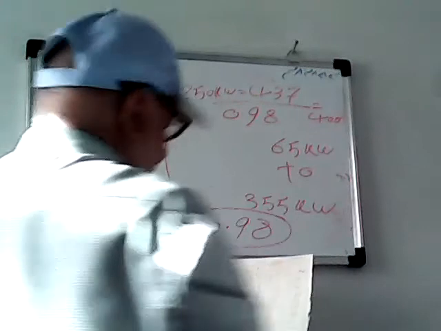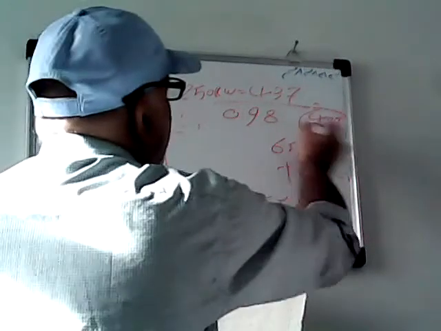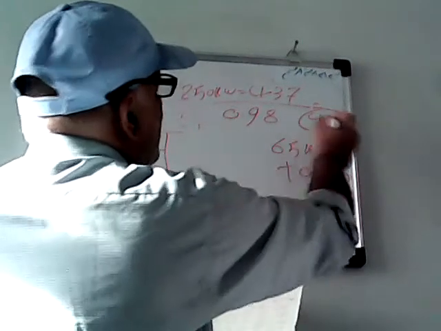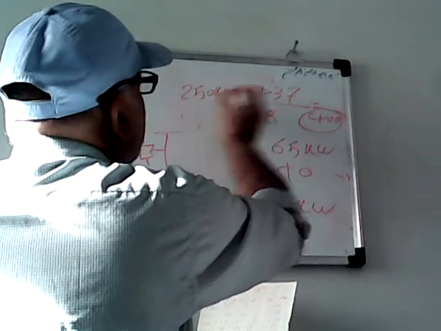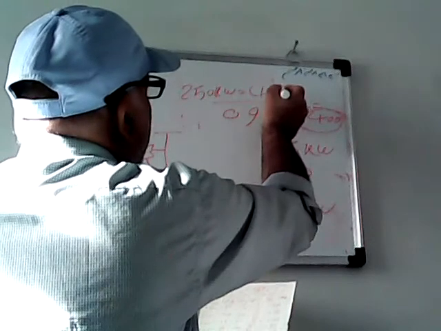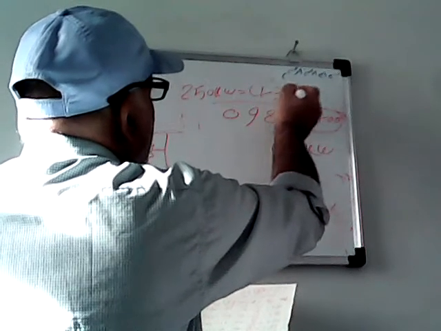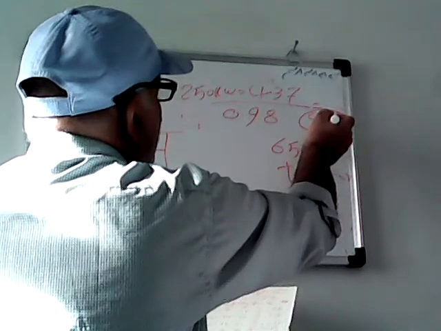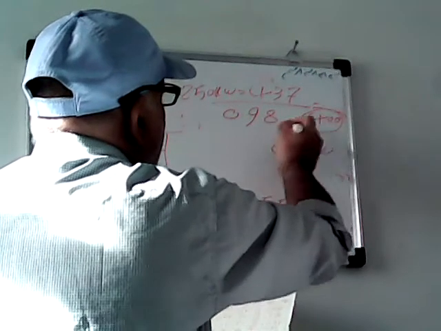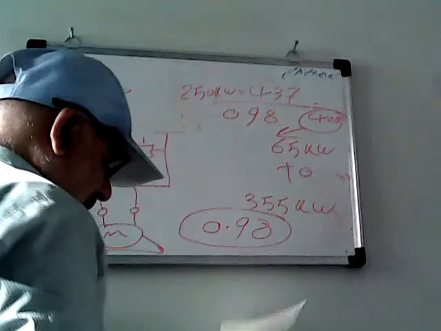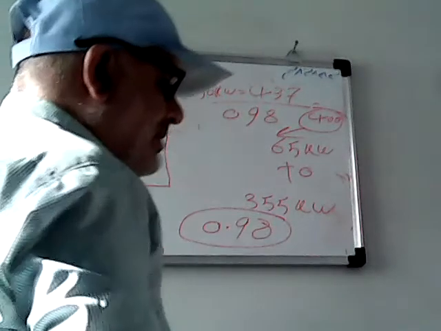The 400 is your selective fuse for 250 kilowatt with nameplate current 437, close to 400. That's your selective current.